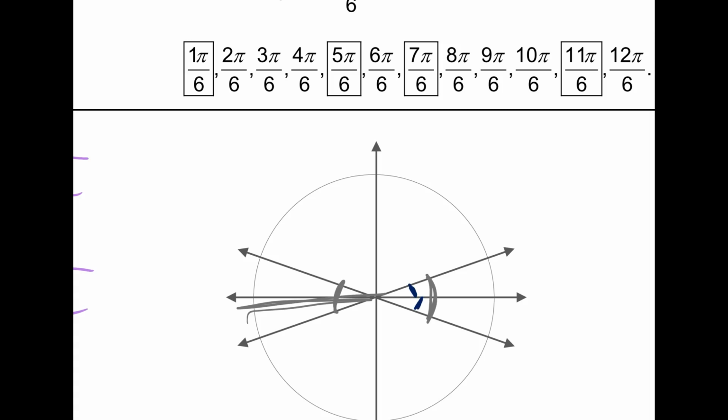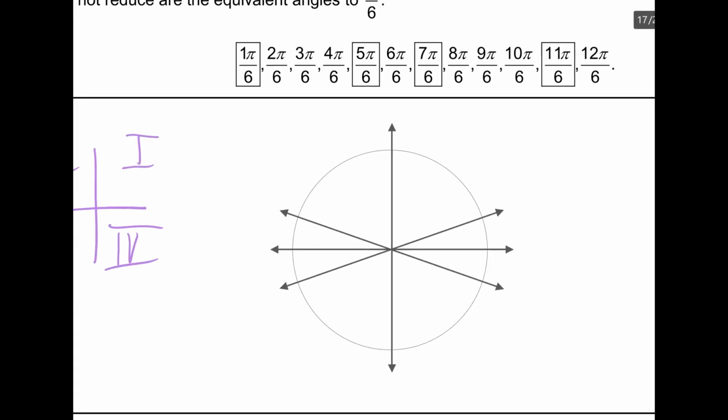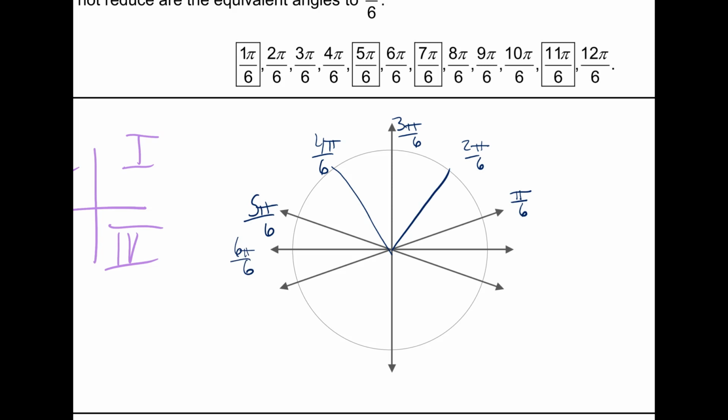If we don't see it yet, that's fine. Secretly, here we have pi over 6, and then 2 pi over 6, 3 pi over 6, 4 pi over 6, 5 pi over 6, and 6 pi over 6. But only the ones that can't be reduced are equivalent to pi over 6.